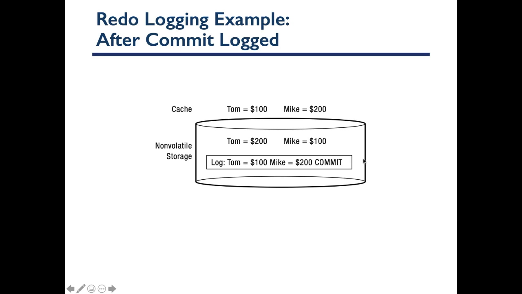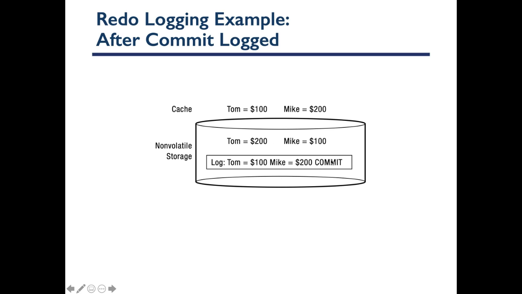What happens next is that now it's safe. If you look at the state, your cache already has the changes that you've made. In your storage, in your log file, you have the changes, but they're still not completely executed into your actual data.